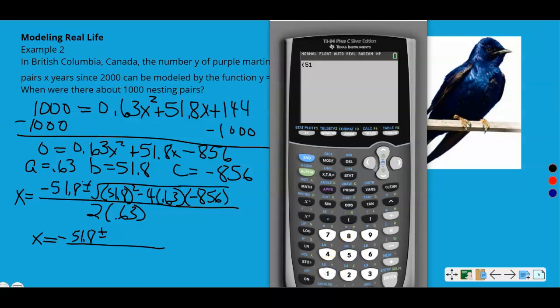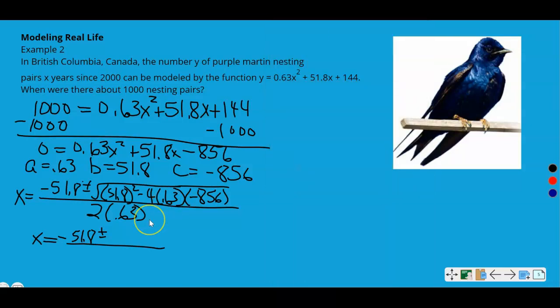So I'm going to do 51.8 squared, and let's do the whole discriminant at the same time. So minus 4 times A times C, and under the square root, that's going to give us 4840.36.